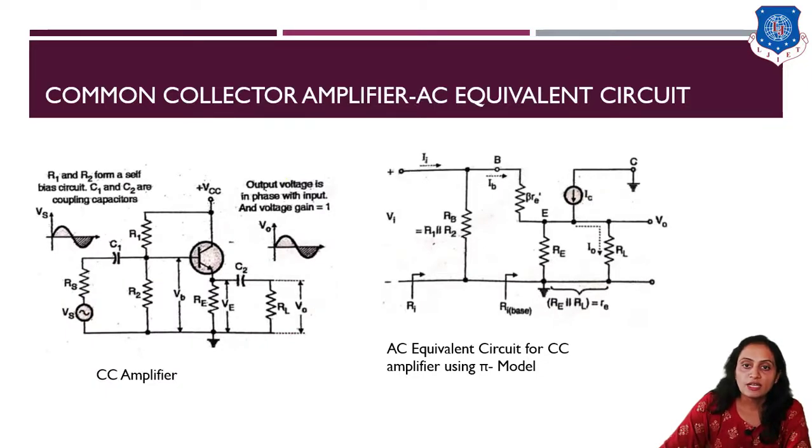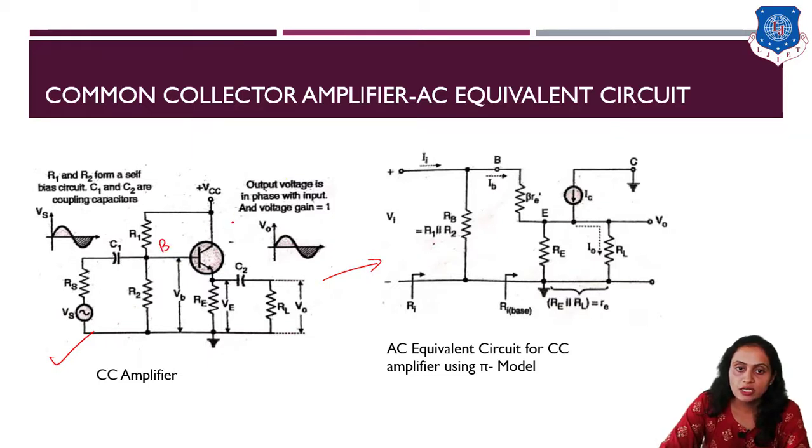Common collector amplifier AC equivalent circuit. First of all, I have repeated the same circuit of the common collector amplifier with the voltage divider bias, and we are going to draw its AC equivalent circuit with the BJT replaced by the pi model. This is the BJT base terminal, collector terminal and emitter terminal.